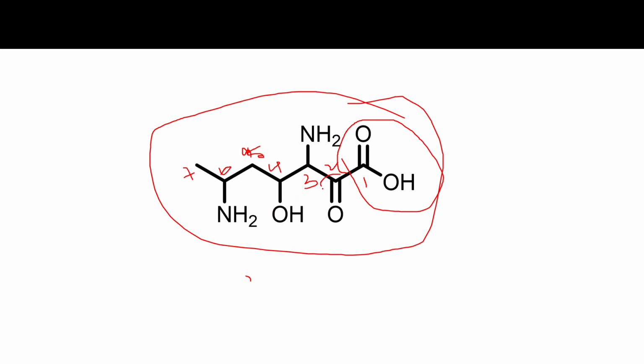So this ketone group we are not taking as the main functional group. Then we can use this ketone as oxo. So our main functional group will be this acid. So the name will be 3,6-diamino-4-hydroxy-2-oxoheptanoic acid.